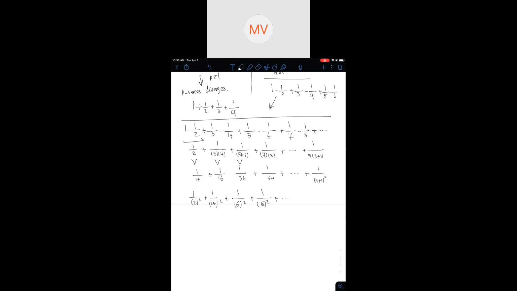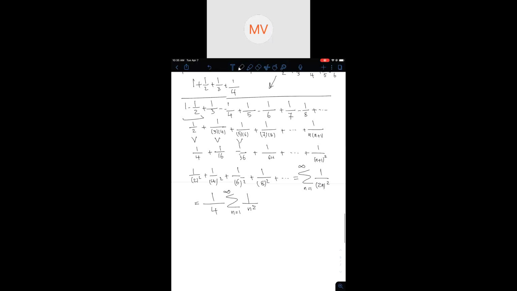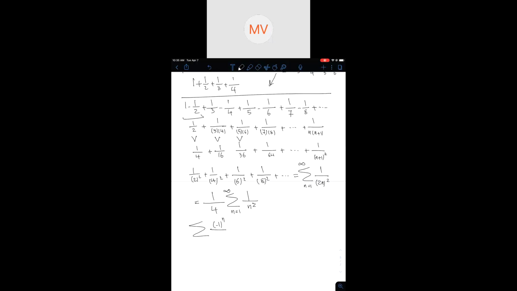So what is that? That can be written as the sum of 1 over (2n) squared, from 1 to infinity. Now, if you FOIL that, it's 1 over 4, times the sum of 1 over n squared, from 1 to infinity. So this is what we got. It started with negative 1 to the n.